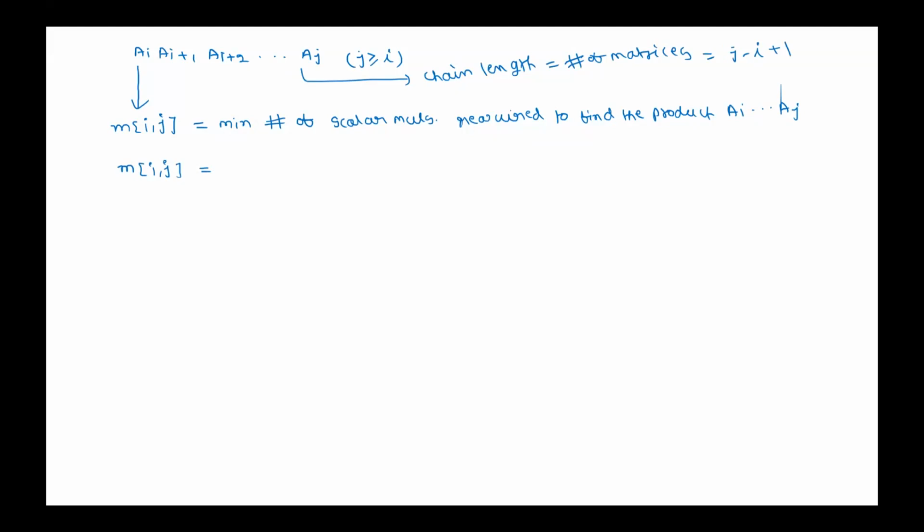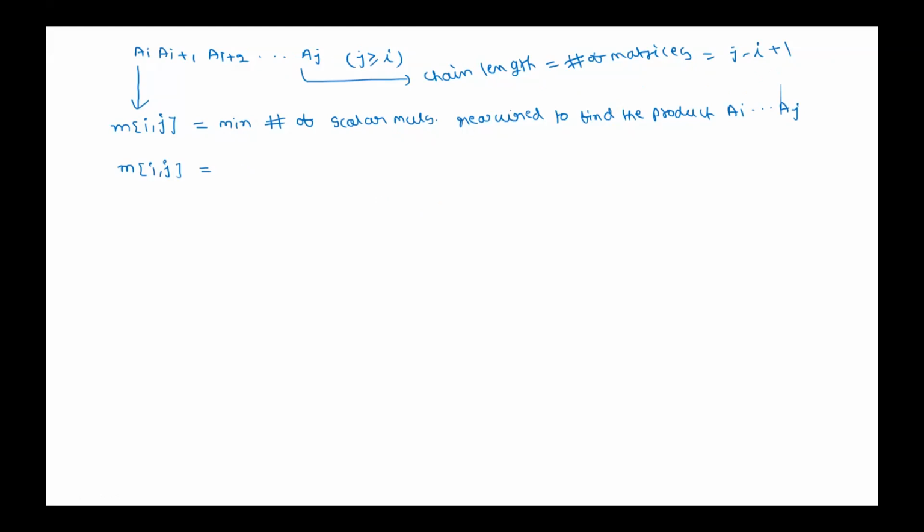J minus i plus 1. Is that correct? Number of matrices from Ai to Aj is j minus i plus 1.